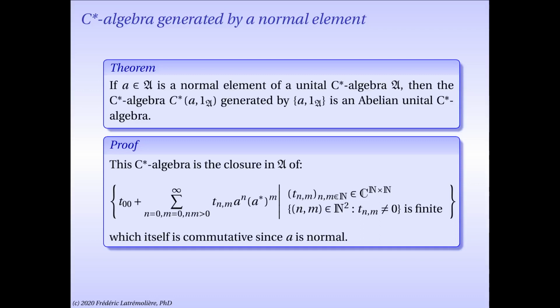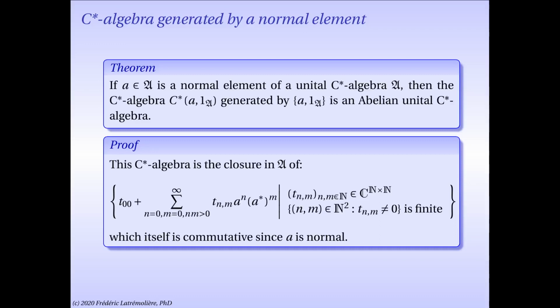So elements of the form a cubed times the adjoint of a to the power 7 times a to the power 6 times the adjoint of a to the power 9, and so on. Finite products like that. And in general, you don't know what to do with products of the form a star a. But here, because a is normal, we can actually commute a and a star so that every such product is of the form a to some power times a star to some power.